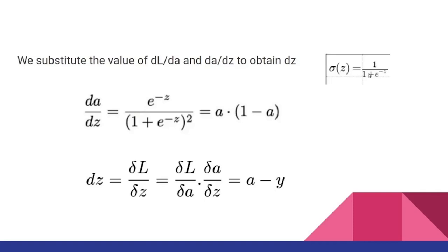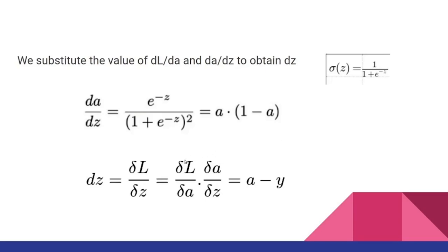So we get minus 1 divided by 1 plus e to the negative z, whole squared, into e to the negative z into minus 1, which will give you this. Rewriting this as A into 1 minus A, because A is equal to 1 by 1 plus e to the negative z. You can try it out for yourself, or you can just take my word for it. This is the correct answer.